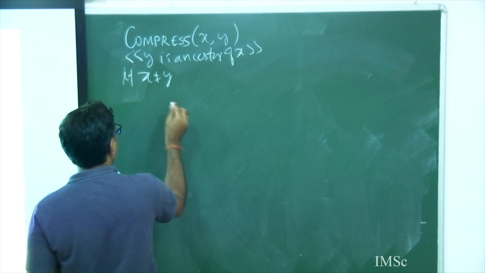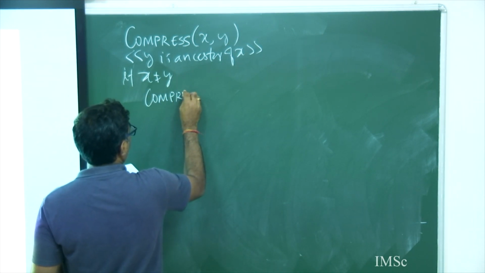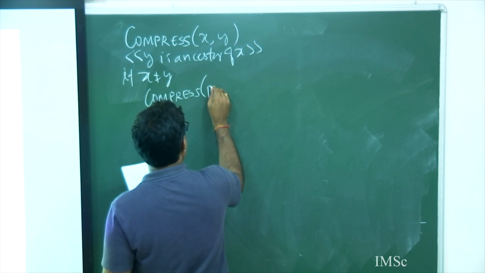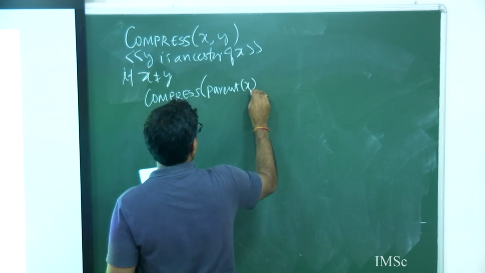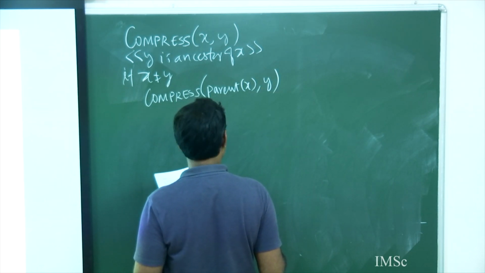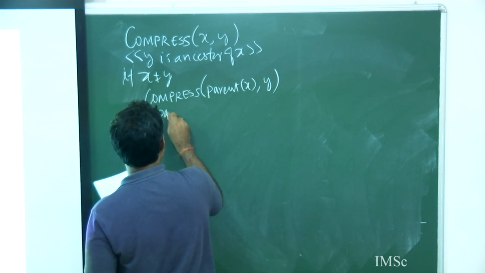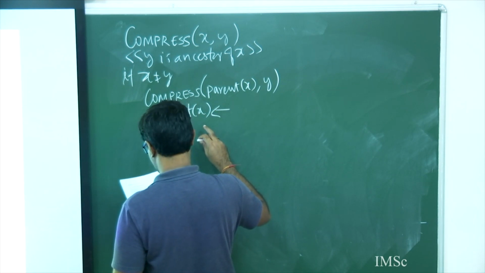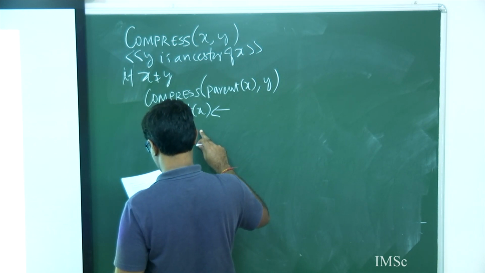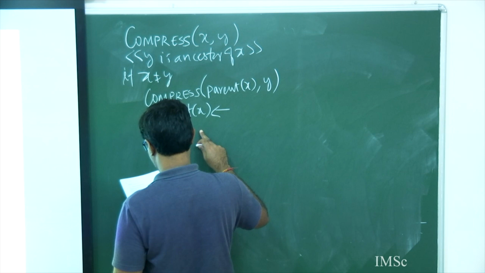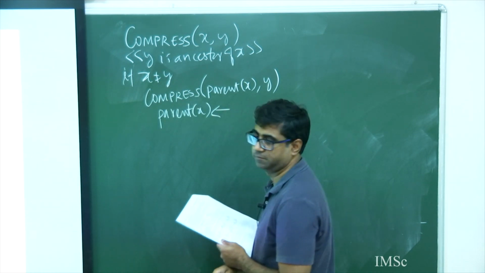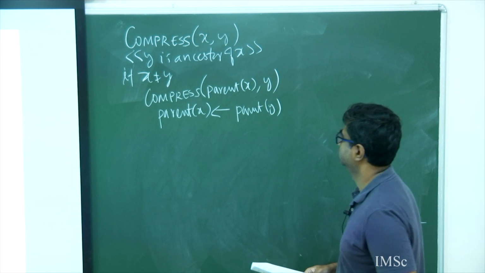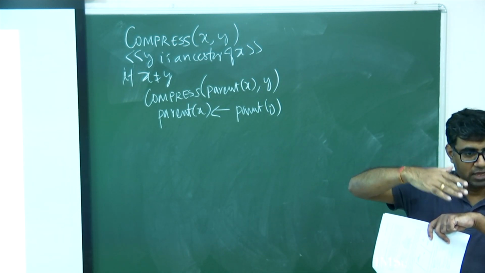If x is not equal to y, compress the parent of x and y, and then assign the parent of x to be the parent of y. Everybody up to y, I'm going to compress.